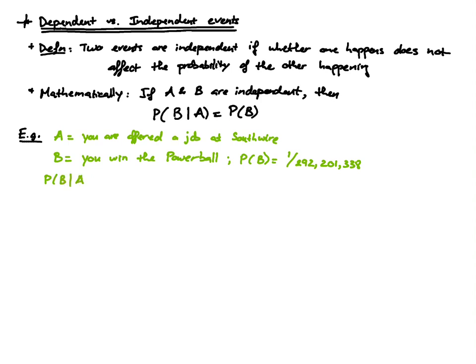Okay? So now the probability of winning the Powerball, given the fact that you are offered a job at Southwire, these two events have nothing to do with each other, right? So whether you are offered a job at Southwire or not doesn't change the probability of you winning the Powerball. And so A and B are then independent events.